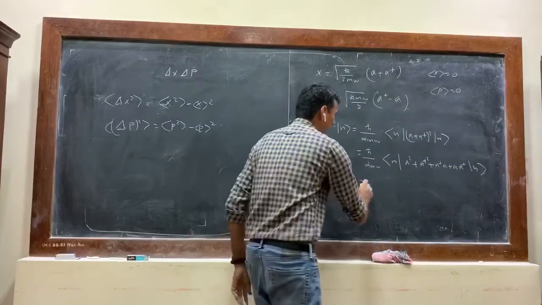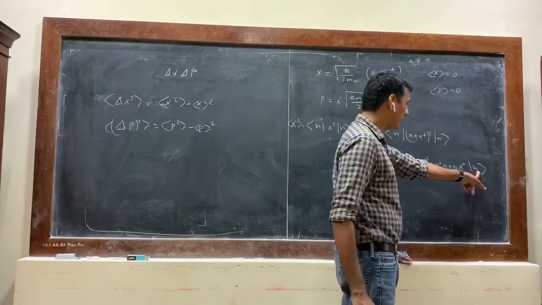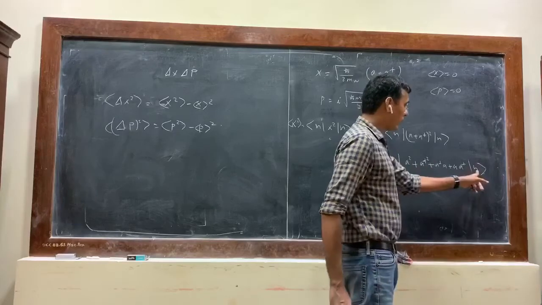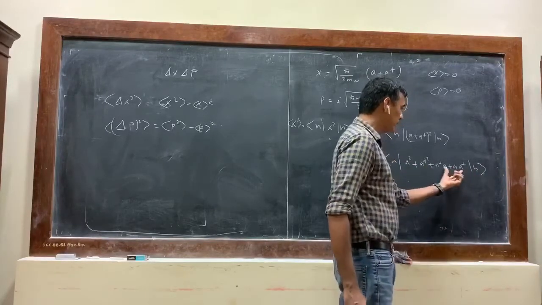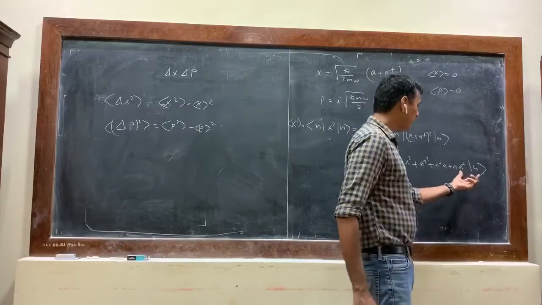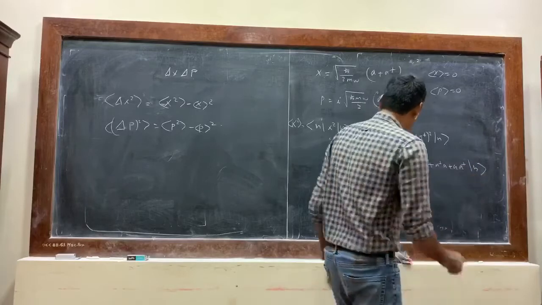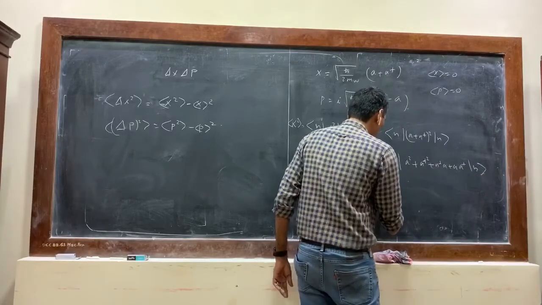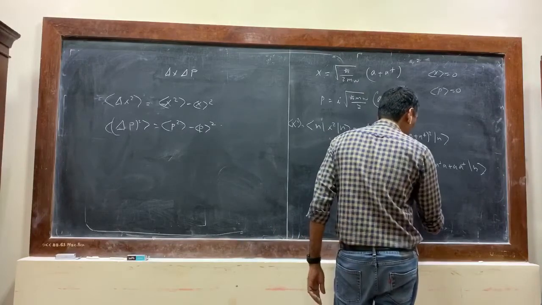Like our previous argument, a square will take the state n to n minus 2 state, so that term will not contribute. A dagger square will take it to n plus 2 state, that will also not contribute. The contributing terms are a dagger a plus a a dagger.